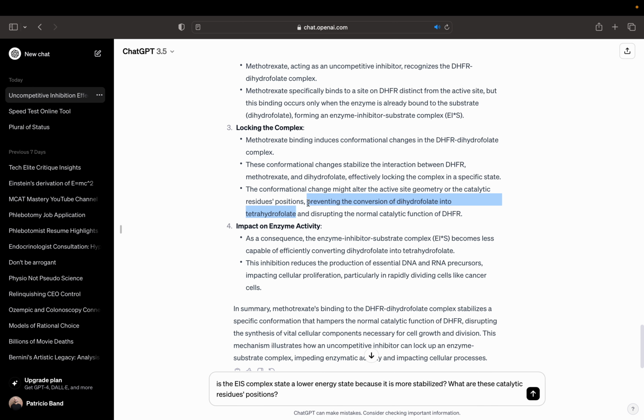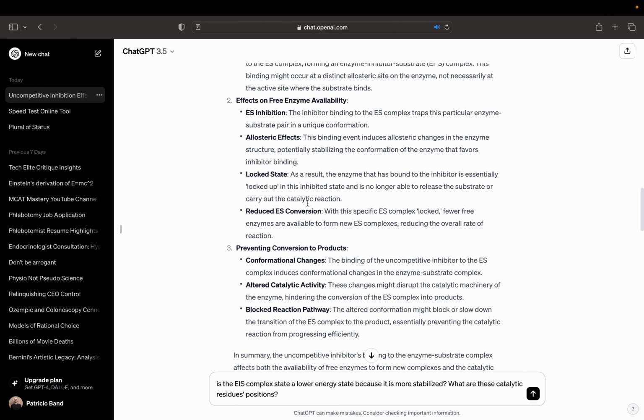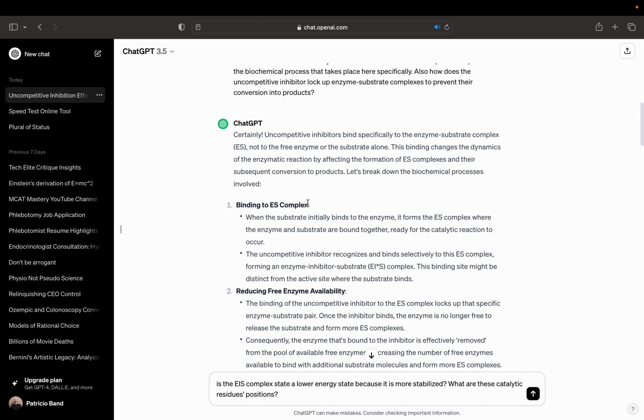And the Km is decreased, which means there's more affinity between the enzyme and the substrate. And why is that the case? We asked about the Km up here, right?